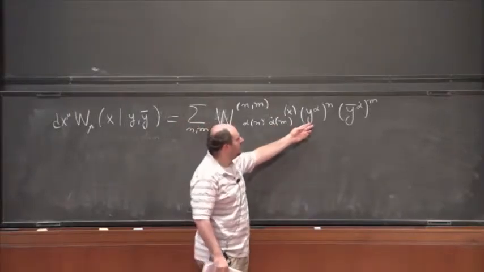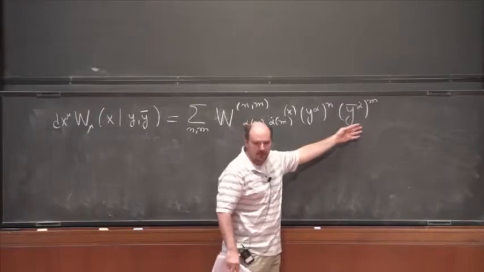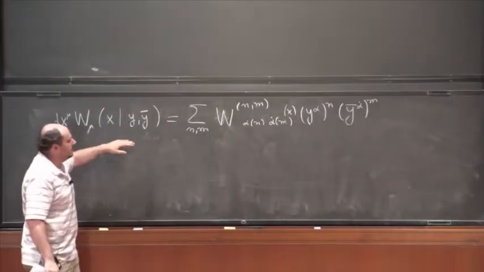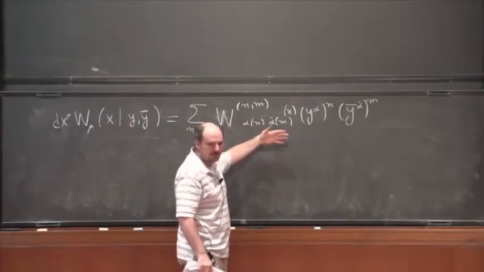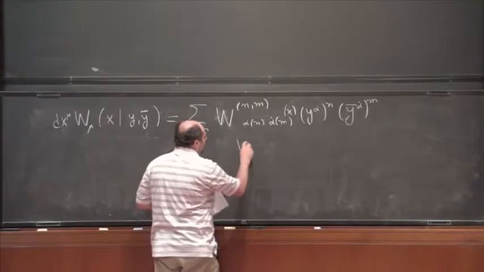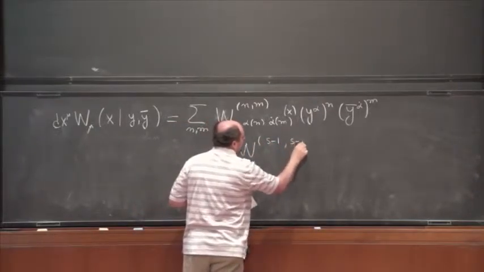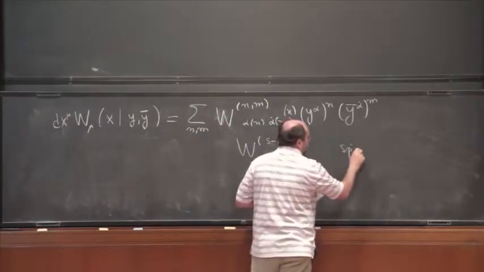So this means y alpha 1, y alpha 2, up to y alpha n, and the same for y bar. If we restricted this to be bilinears in y and y bars, this would describe the Vielbein and spin connection. In general, the term which has s minus 1 powers of y and s minus 1 powers of y bar is like a spin s Vielbein.